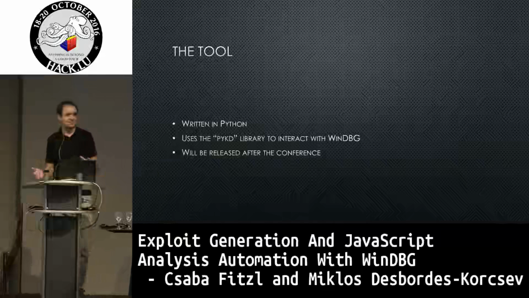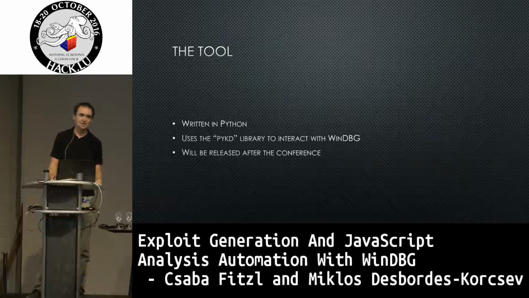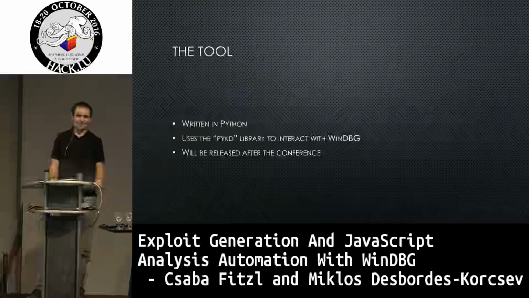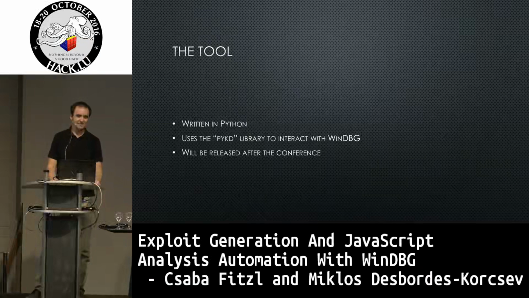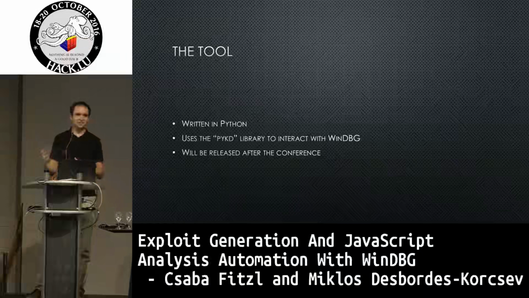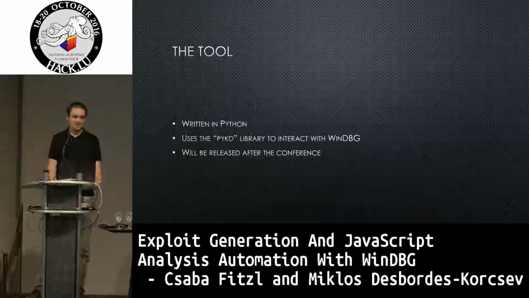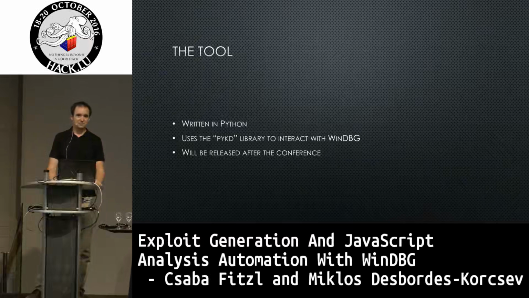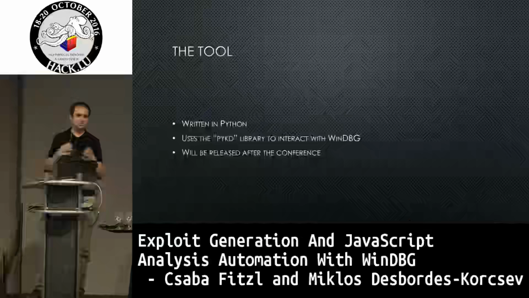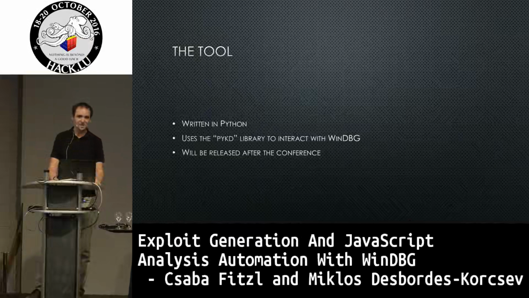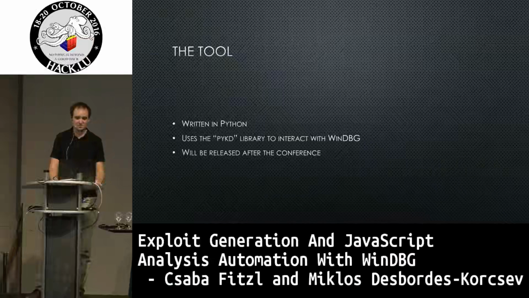So you don't even need to open WinDBG for anything. It's really helpful. It has a very good and rich API. You can query the values in the registers, search the memory, do a whole lot of stuff which can help you to explore the environment. I already released the tool, but we will share the link after the talk.